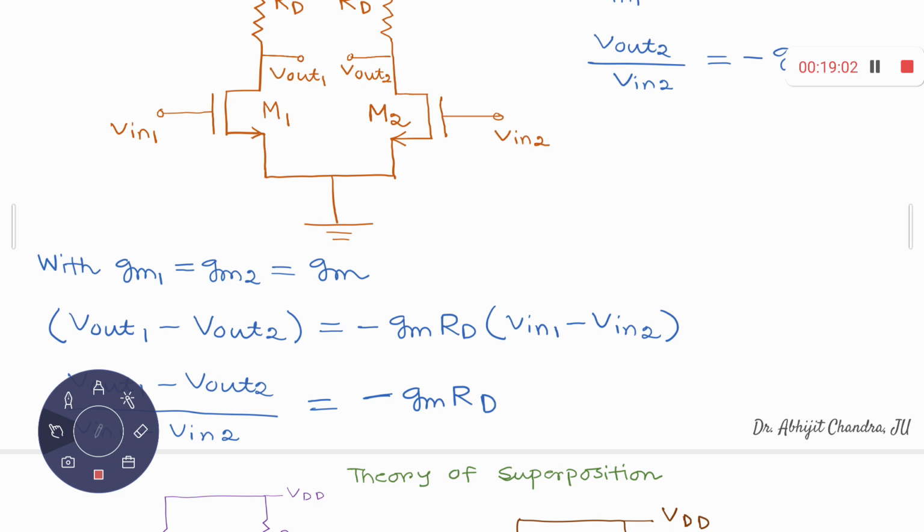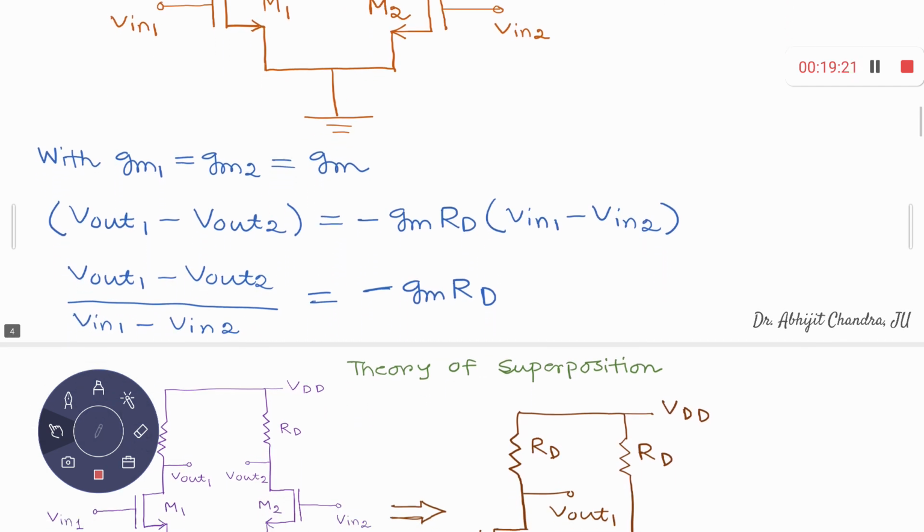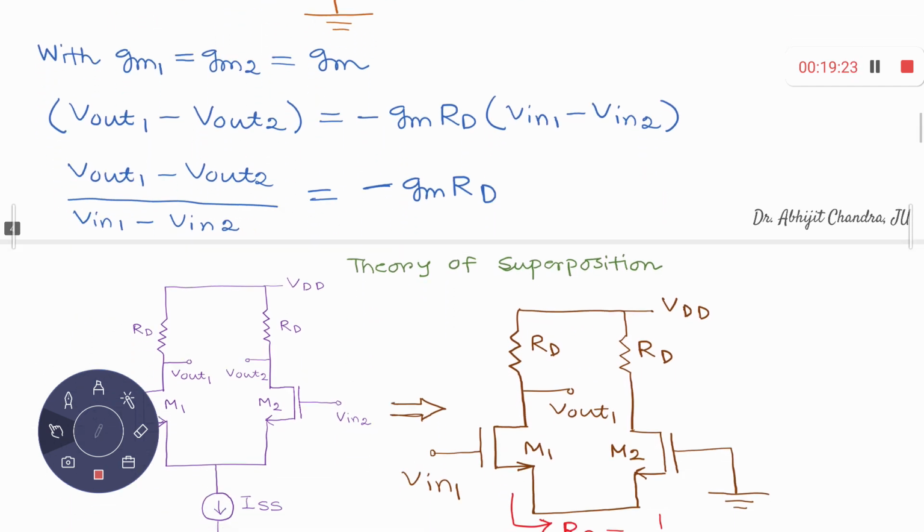But since we have two inputs, V1 and V2, and two outputs, Vout1 and Vout2, you can also apply the theory of superposition. Using that theory, you can come to the same conclusion. That analysis will be a little more complicated, but for the sake of completeness, we will also discuss it.